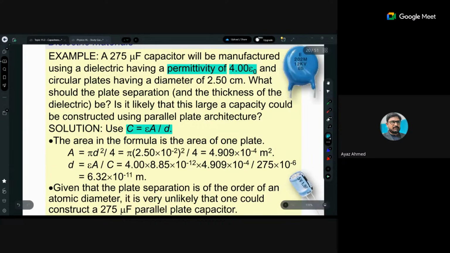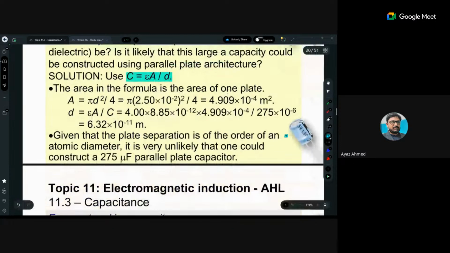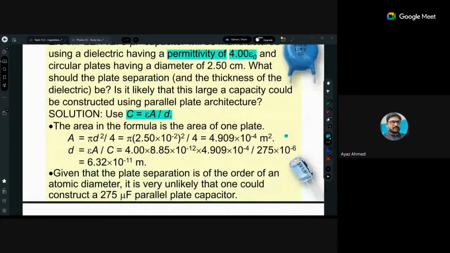The capacitance of the capacitor would be increased. That's why we plug in some dielectric material inside. Without material, capacitance would be 4 times less. But if we plug in some material, the capacitance would be increased.